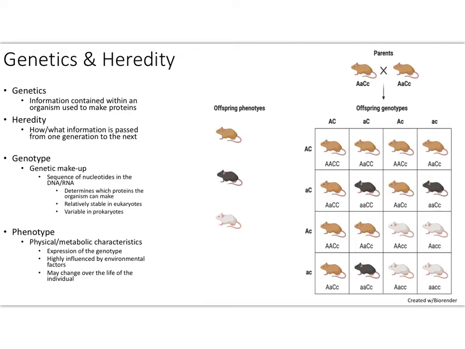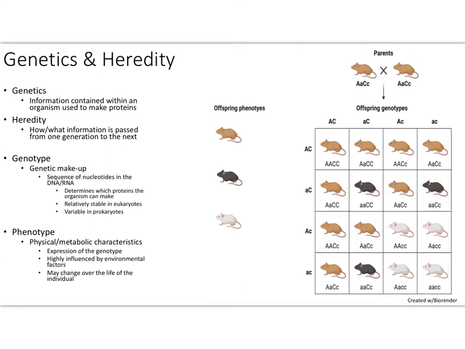So let's say an organism can produce a pink protein or a yellow protein. And if it has a lot of light, it produces a pink protein, but if it doesn't have very much light, it produces a yellow one. If we have an organism that is exposed to a lot of light, that will switch on the genes to produce the pink protein, and that organism will produce that pink protein and may look pink as a result.